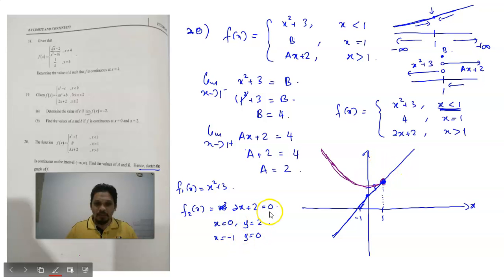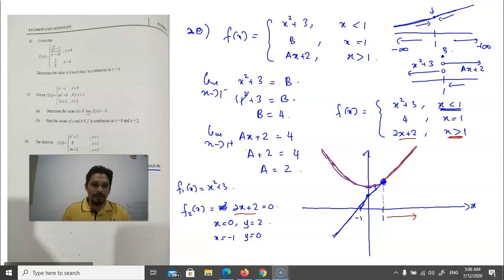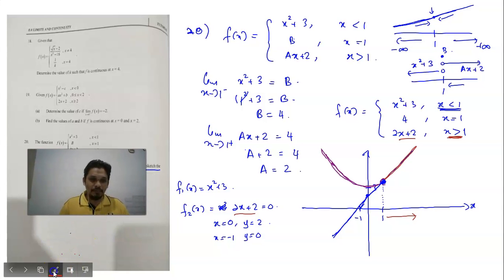Now for this graph, the domain is x greater than 1, so it starts here. What we are going to do now is erase this.